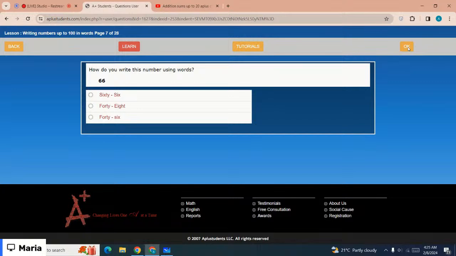How do you write this number using words? Which is the correct option? Yes, the correct option is 66. Option number 1 is the correct option. Very good.